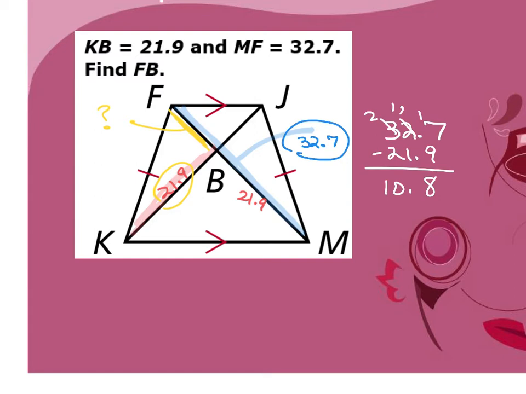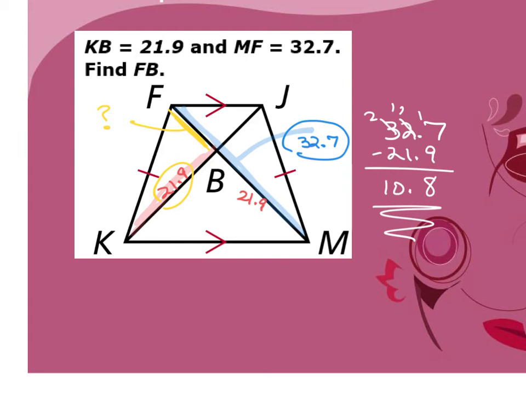Because I know the entire diagonal from K to J is congruent to F to M because it's isosceles. So the missing piece of FB is 10.8. This is a linear measurement. It doesn't have a degree symbol.